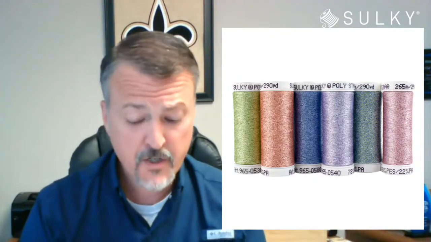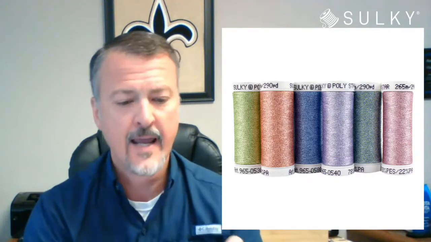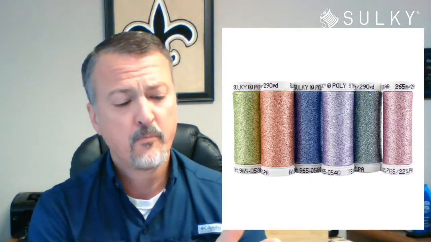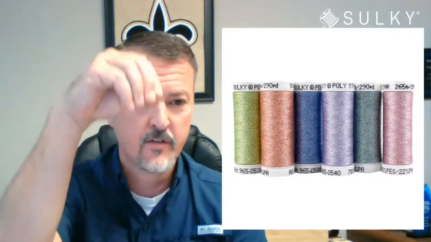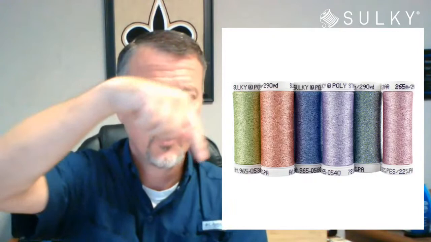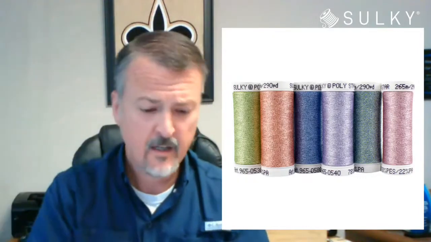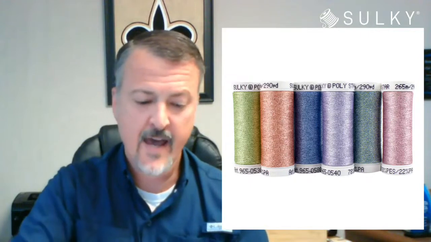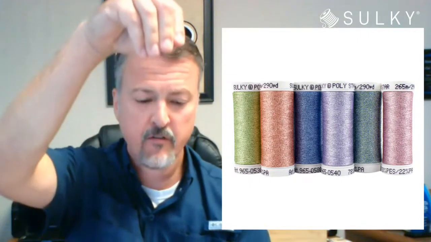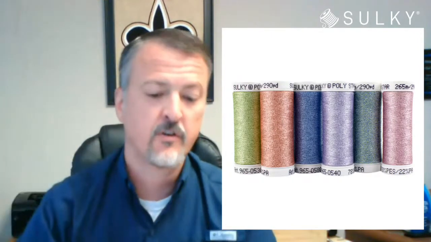Even our original metallic and now polysparkle have a flat component. And what happens is when you try to pull that over the end of a spool, it's going to twist, twist, twist until it snaps. Again, envision toilet tissue. If that were pulled over the end of the roll, it's going to curl, curl, curl until finally the tension is so great that it snaps.